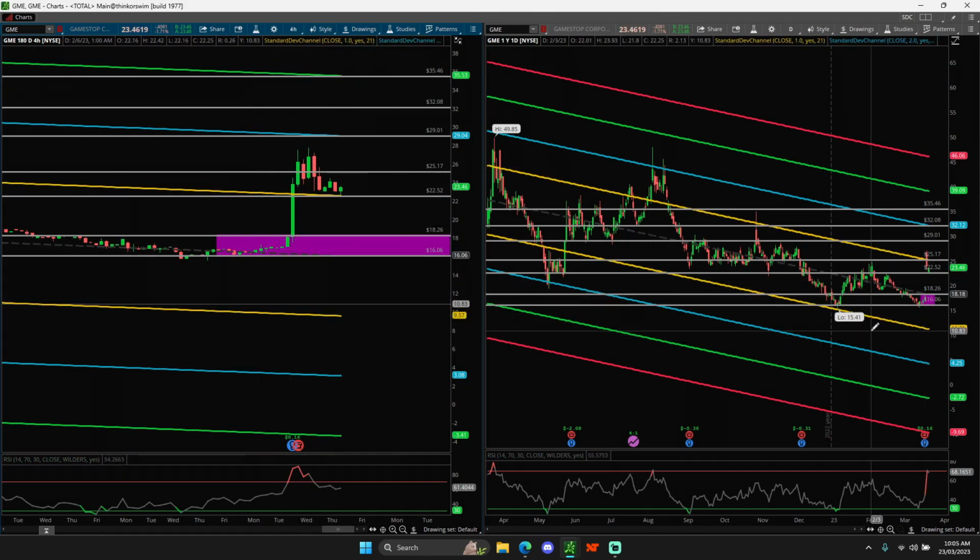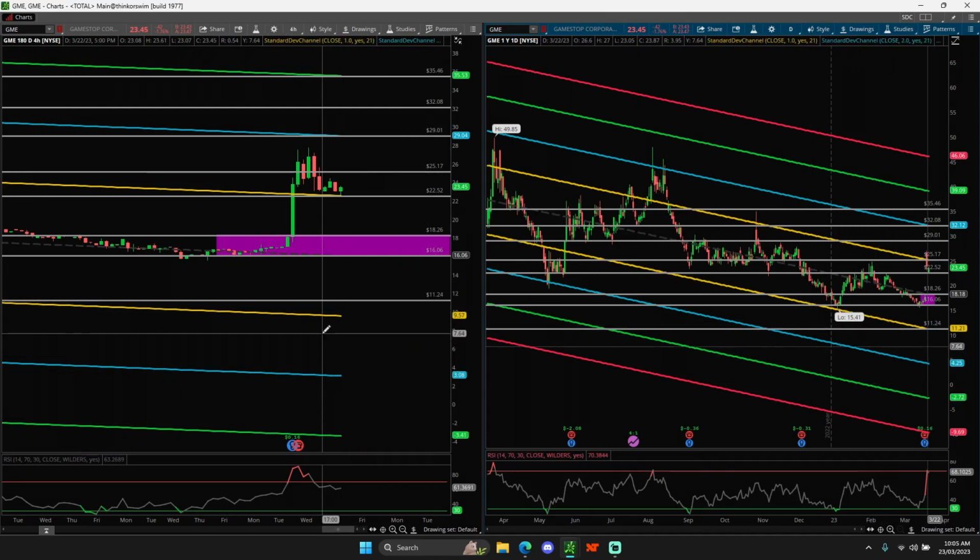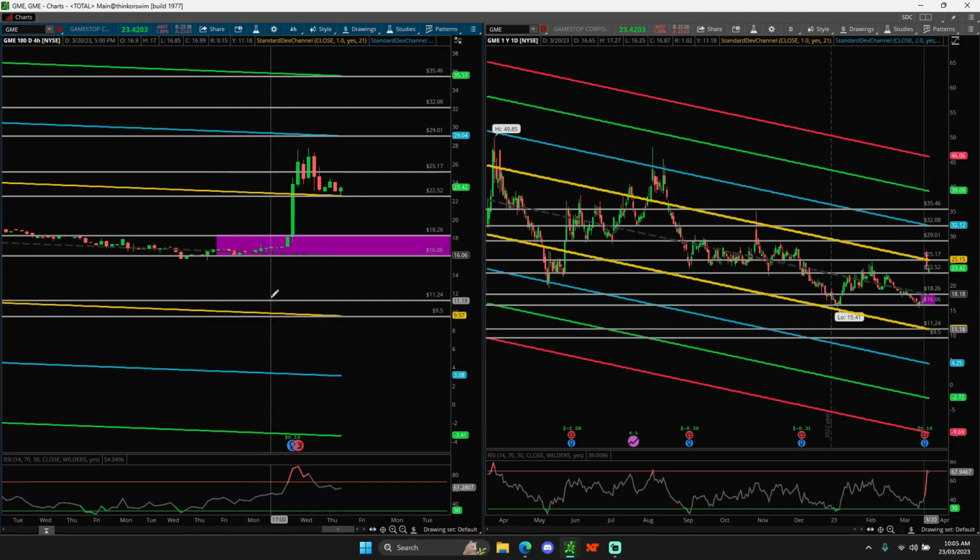So really, I would have to wait for a break to the downside. I'd really have to see a break of that 52-week low, down to around 11.25 to around 9.50, until I can see some potential long bias plays. And again, the way I play these, probably not through the credit or debit spreads, because I don't expect it to really close above this level in a few months' time. But I would definitely expect to see some sort of a bounce. You'll have people just trying to buy up these lower lows.